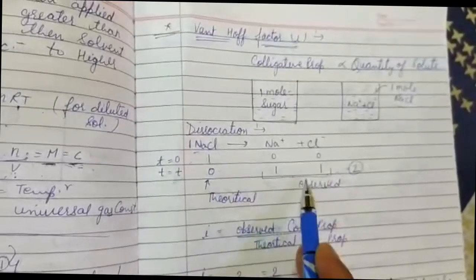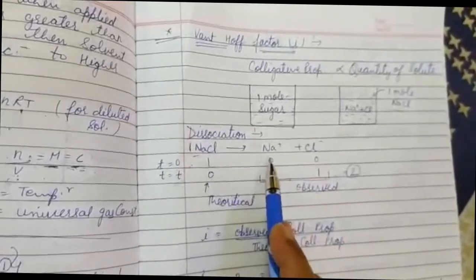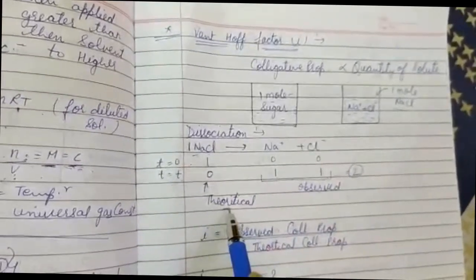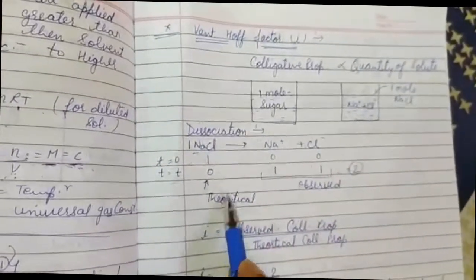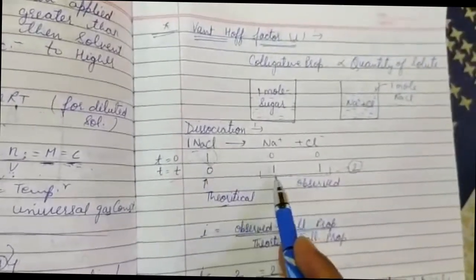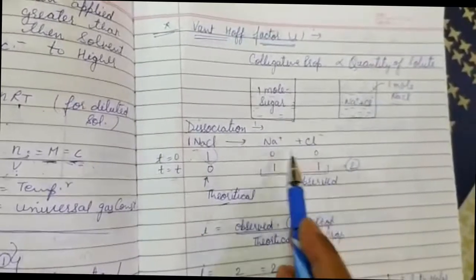So it will form 2 moles of Na positive and Cl negative. The theoretical value which we were thinking that we have dissolved is 1. This is the theoretical value, and the observed value is 2, means total number of moles.